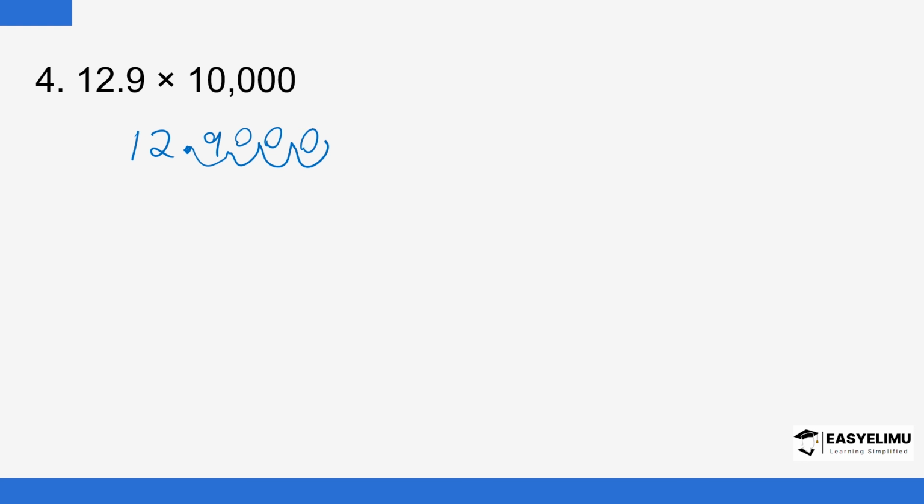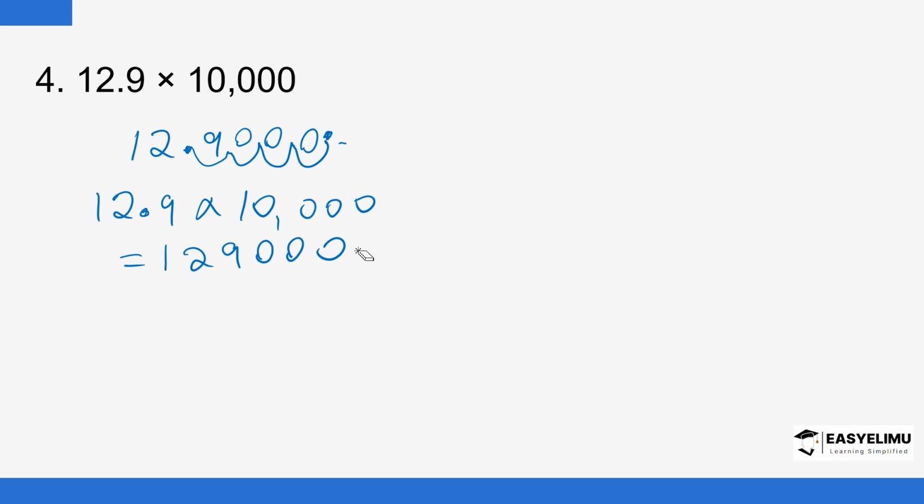You see? So this is where the decimal point will be. We will not even indicate that decimal point because it is after the last digit, so it's not really significant. You can ignore it. So 12.9 multiplied by 10,000 is equal to 12, 9, and then 3 zeros.